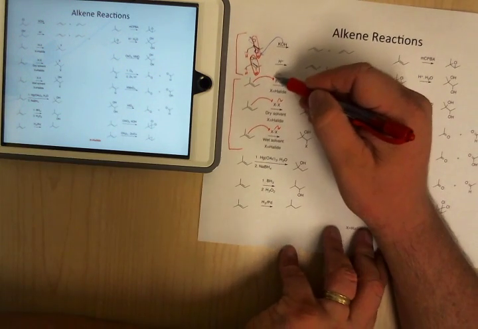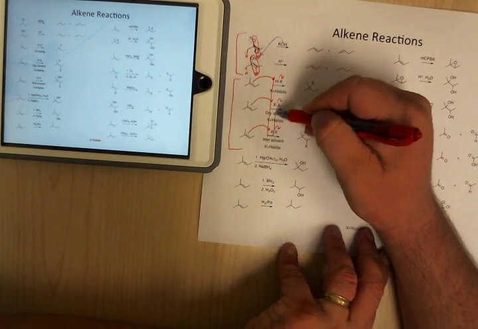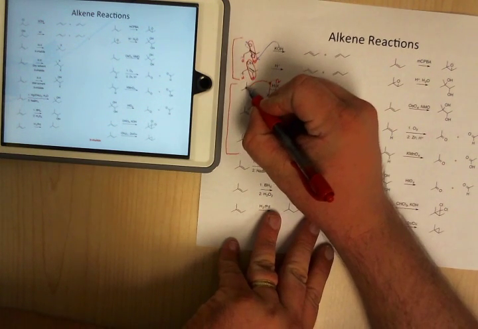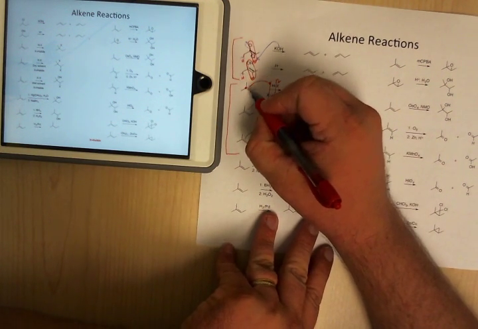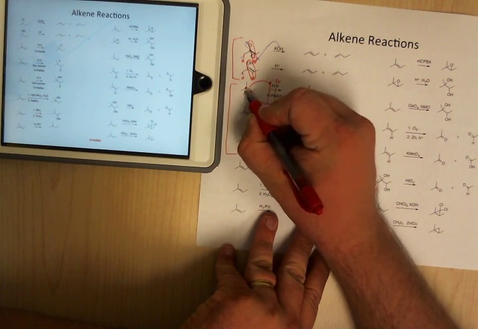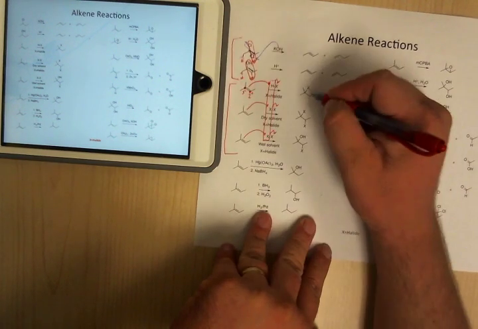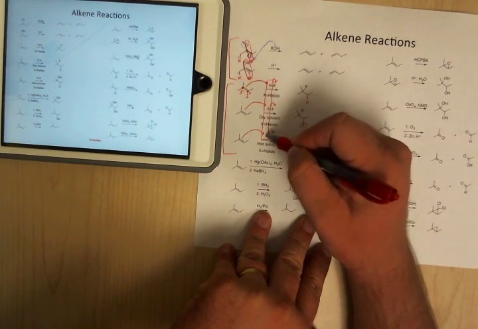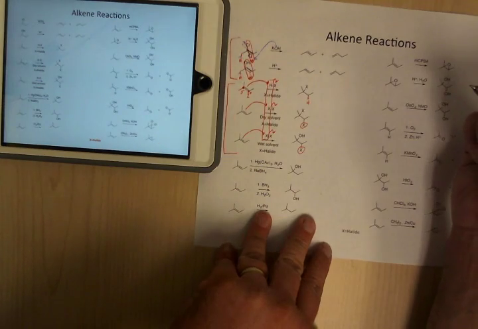What ends up happening is this thing on the left gets added first, and it always seems to go on the lower numbered side. So this is secondary versus tertiary. It gets added here, so H, X, X.